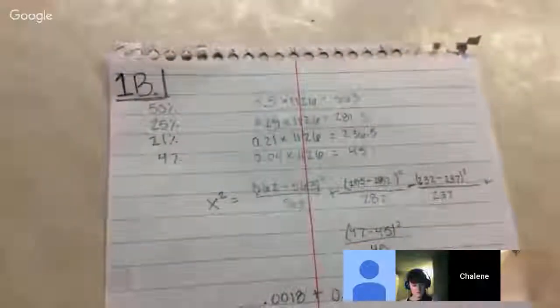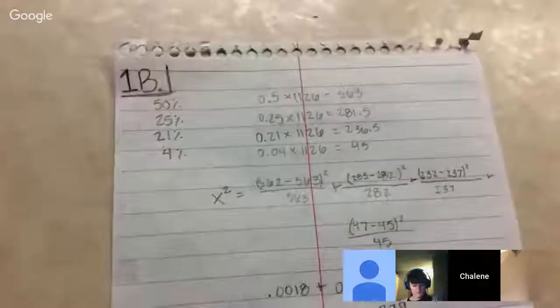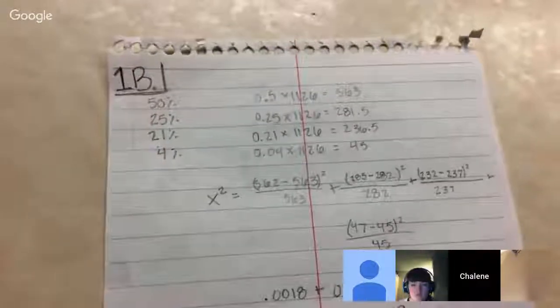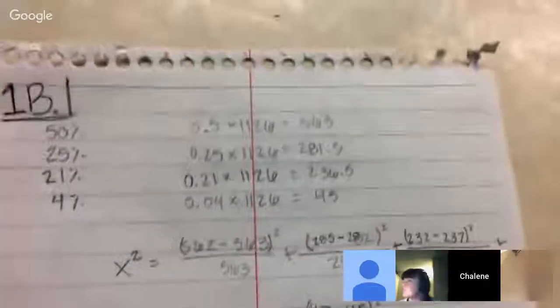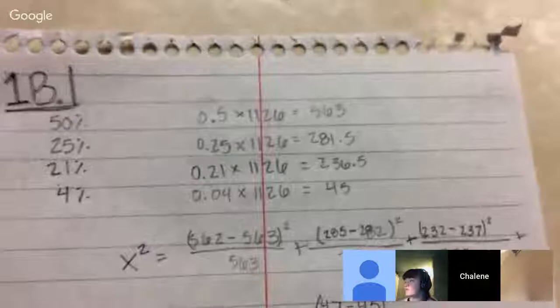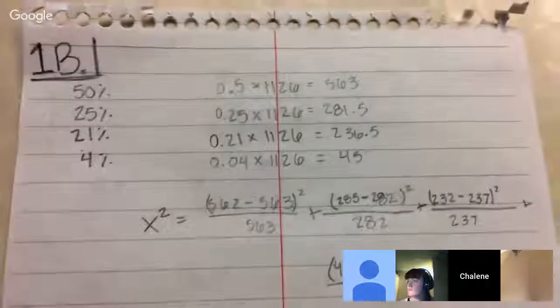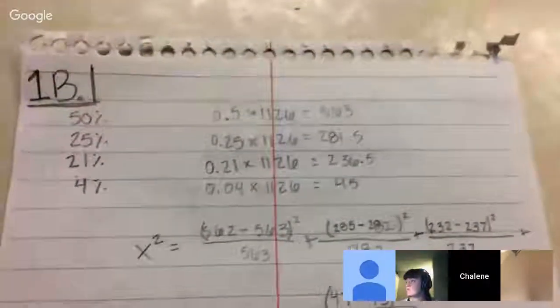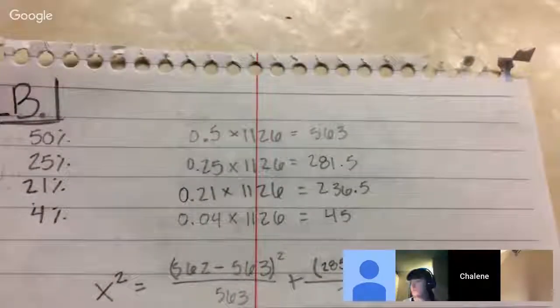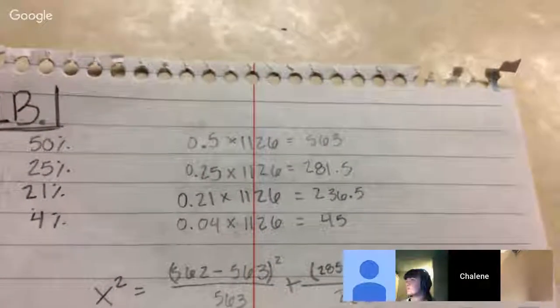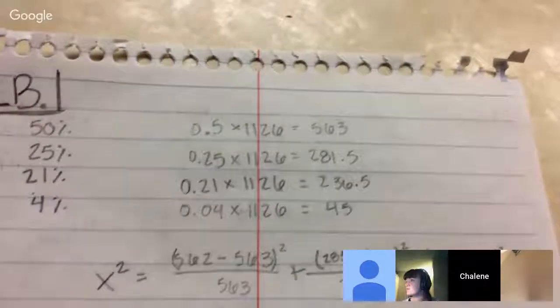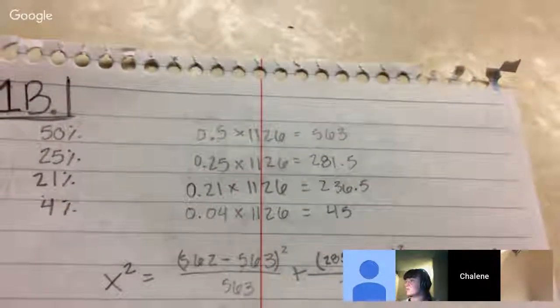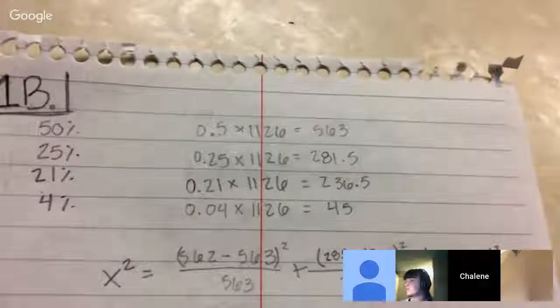The second one, it's about a 25% rate, and then a 21% rate, and then a 4% rate. As the chi-square test goes on, we have to multiply by the total number. So these are the numbers I got: the 563, and then 281.5 or 282, and the 236 or 237, and then 45.